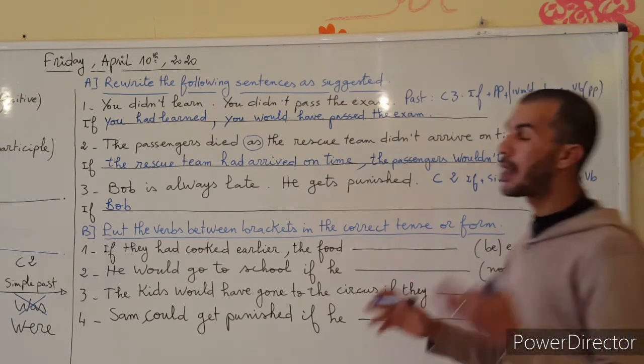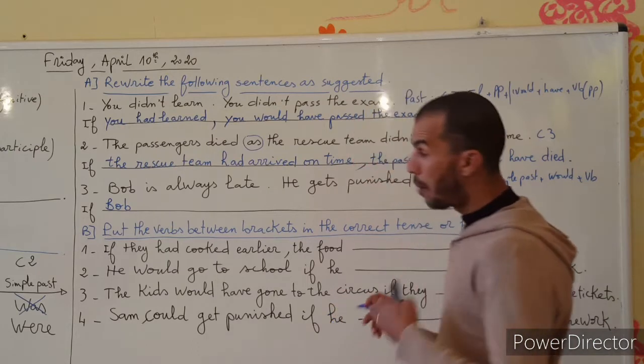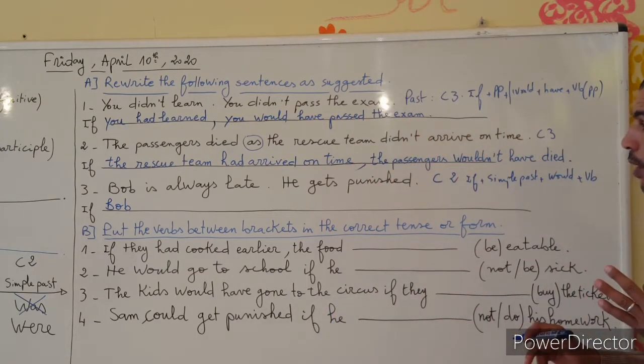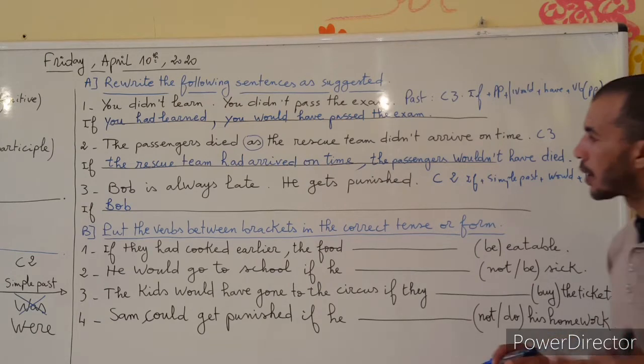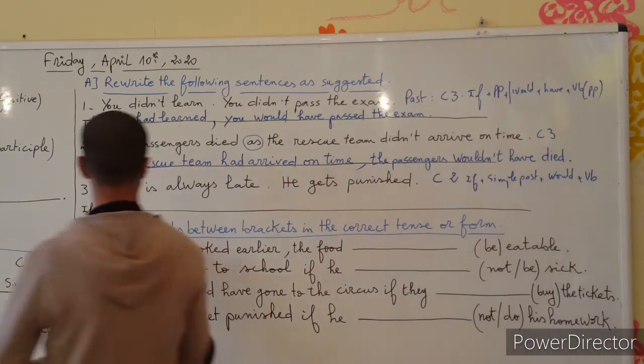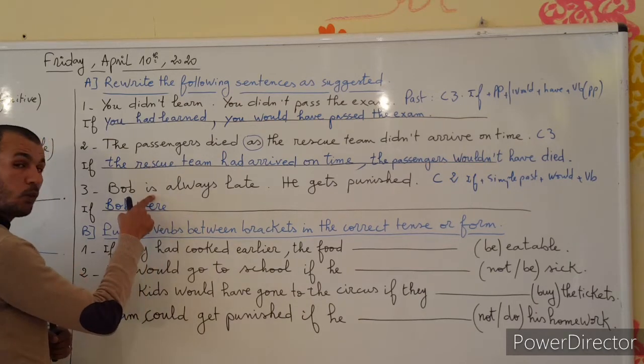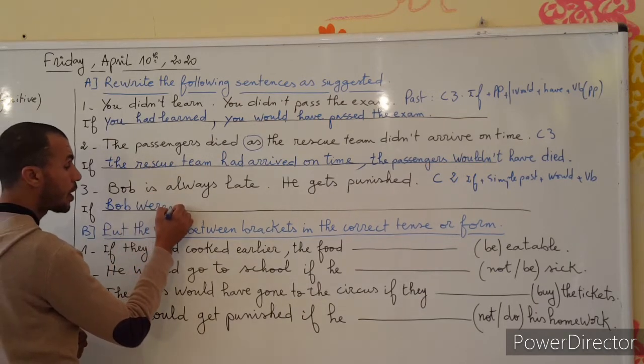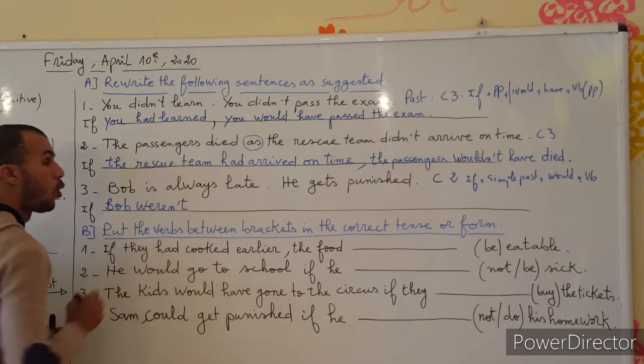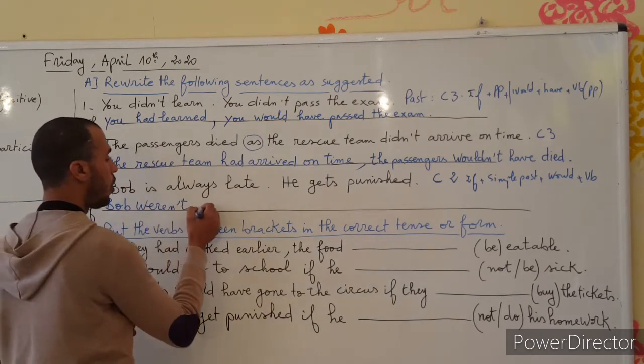The verb be in the past is was or were, but as you can remember, in conditional sentences, we never write was, it's always were. So, if both were, this one is affirmative, so we write the verb in the negative form. Weren't, and we continue, always late.